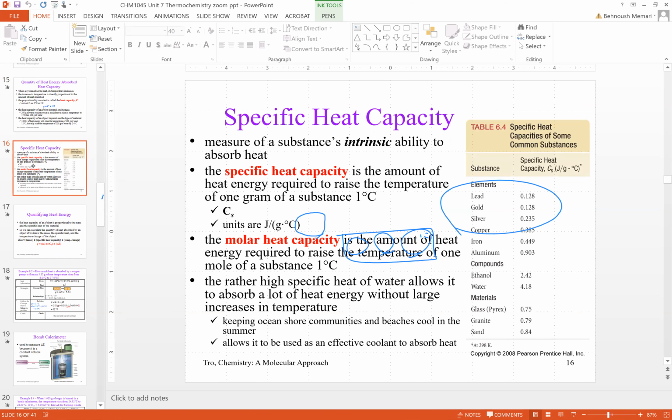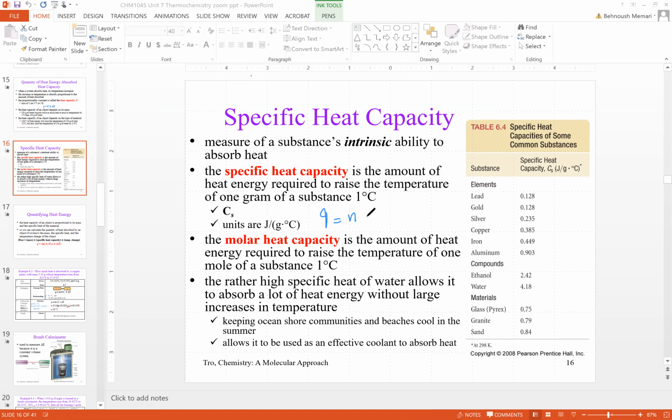You can also calculate this using different quantities for the temperature and the heat capacity. Specific heat capacity has a different definition. It is the amount of energy required to raise the temperature of 1 gram of a substance by 1 degree Celsius, so the unit is joules per gram per degree Celsius. In that case, the formula for Q is going to be different.